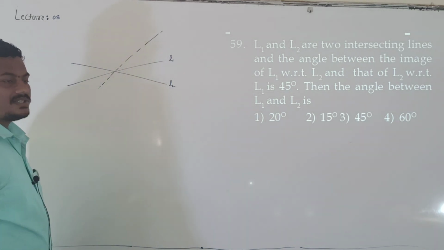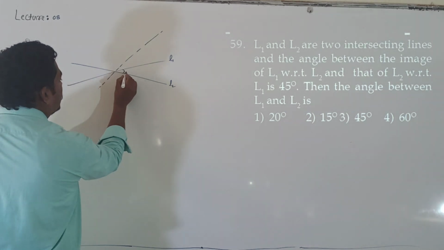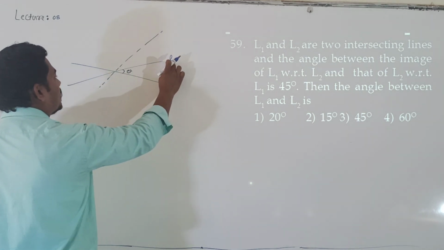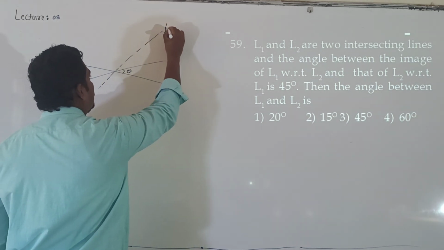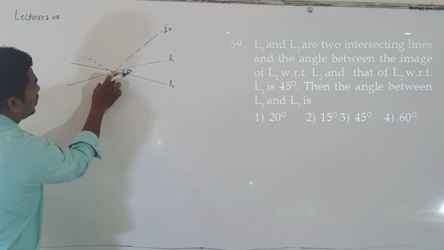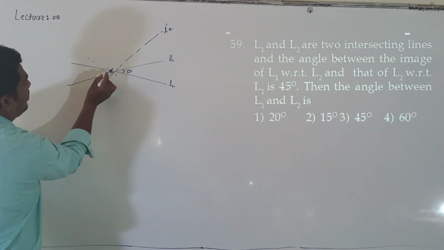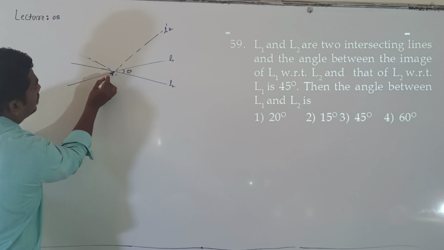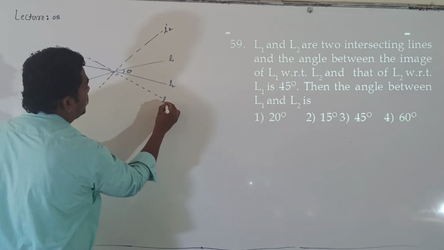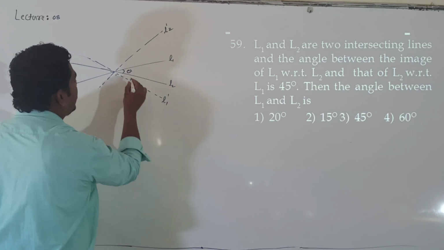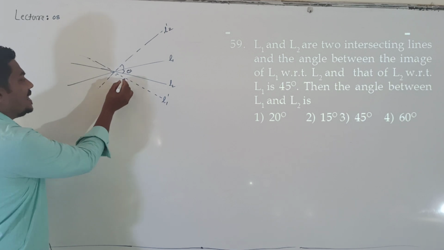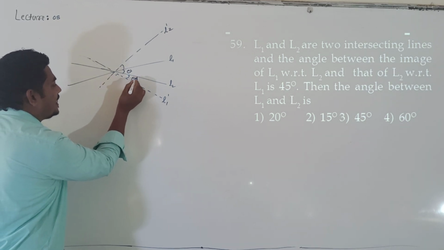This is the image, take this as theta, and the image of line 2 with respect to line 1. This is L2 prime, and the image of line 1 with respect to line 2, that is L1 prime, and clearly these angles are theta only.